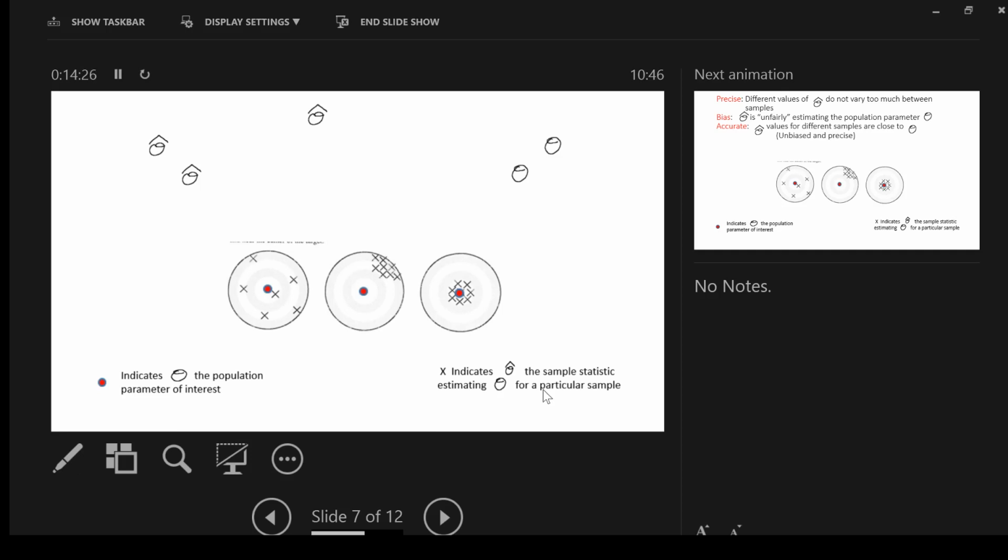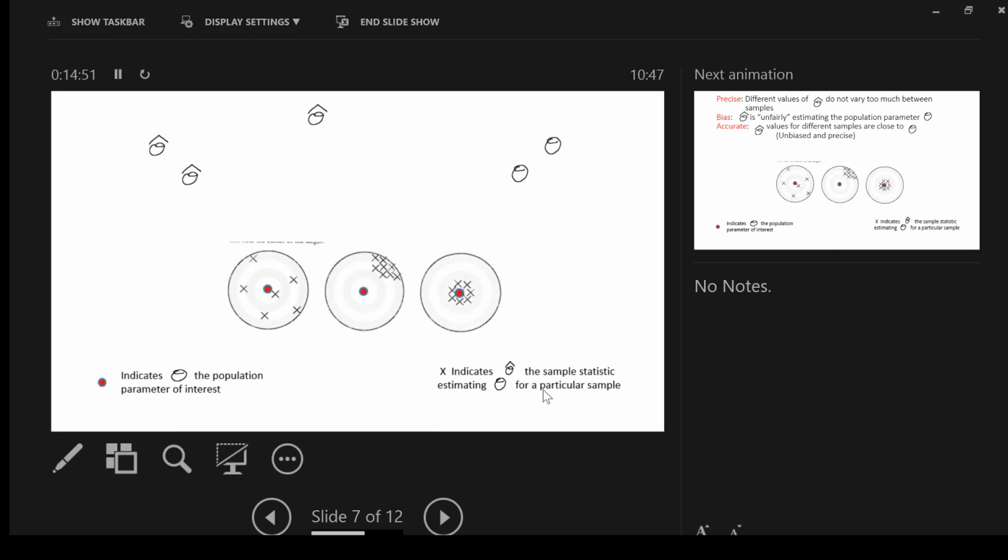This cross here is one of the samples. I worked out the sample mean and it was that value. Another time I worked out the sample mean and it was that value. So each cross is, you get lots of different samples. I said the sample statistic, which would be the mean, is a random variable. So each cross there represents trying to estimate the red dot, and that's the value you found.